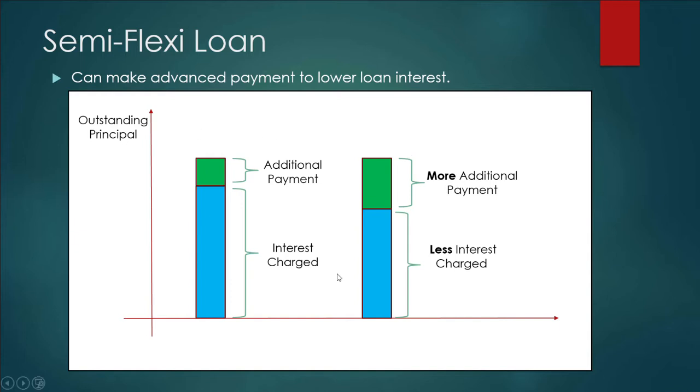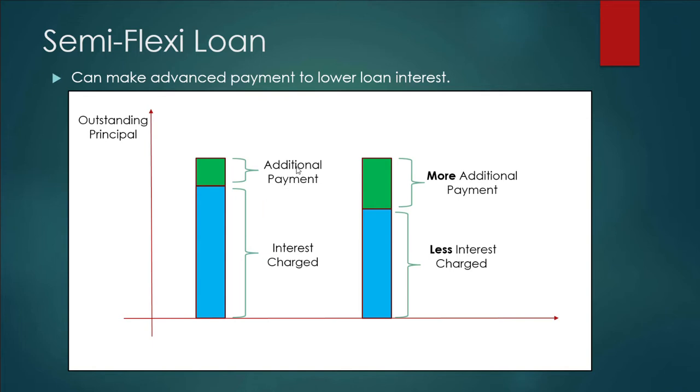Here on this graph, you can see that on the left-hand side, on the monthly installment basis, you will always make additional payment on top of the interest to reduce your principal payment. The interest is always charged based on the principal balance you have in your account.